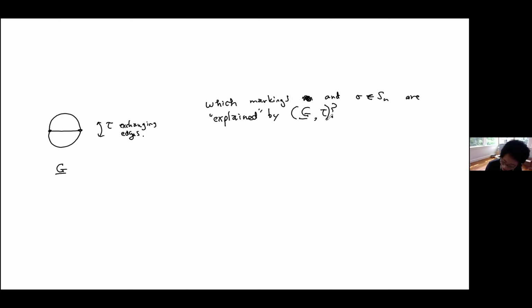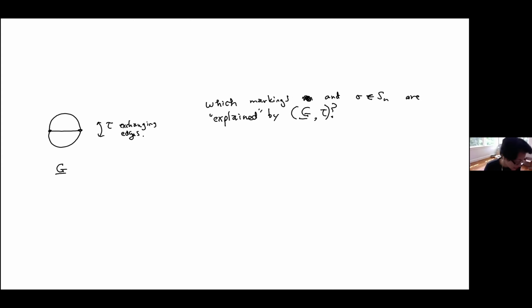That's really what I'm trying to count. I'm trying to count the fibers of a certain counting problem. Really what I'm interested in is the cycle type of sigma, because of the way characters work. And you can see that the cycle types are constrained by the combinatorics of tau.